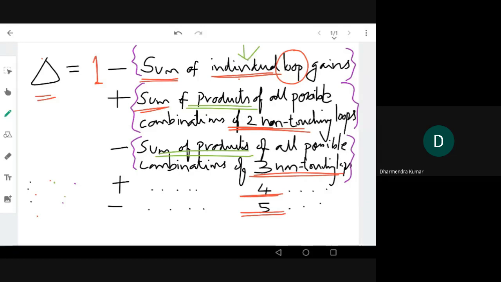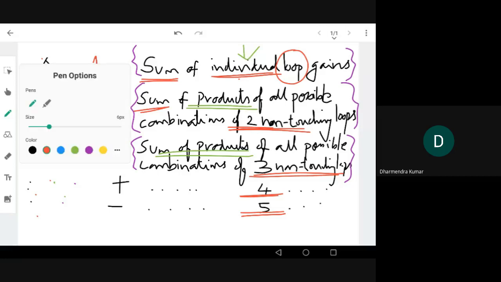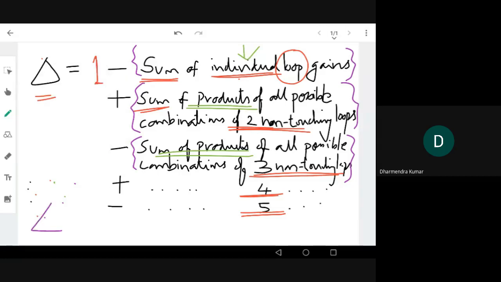Okay. Now, what is delta? If we have found delta, what is delta k? Delta k has to be written in relation to this only. Delta k is nothing but, same way, we'll calculate delta k also, right?